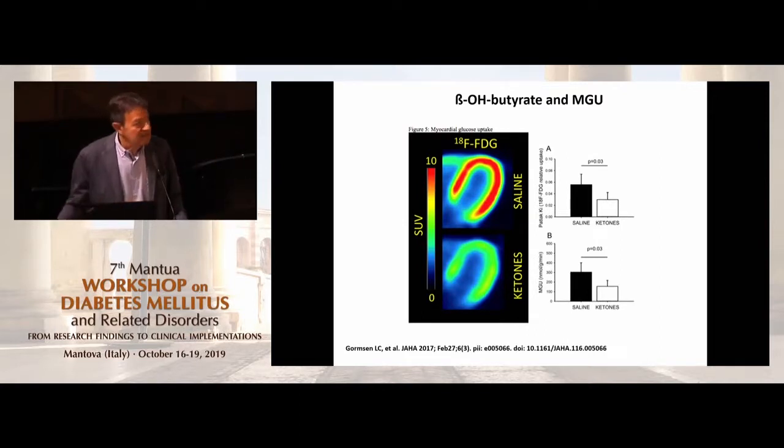There is another study, the slide of which I lost somehow, where they've done the same thing. It's actually the same group. But they did the infusion of ketones in patients with heart failure.